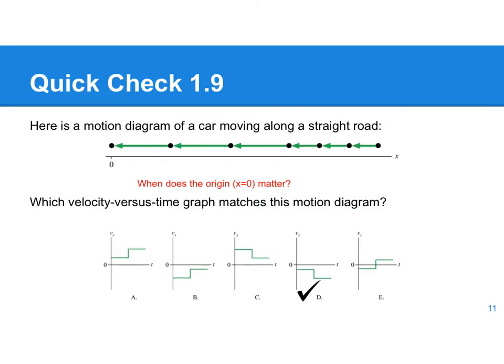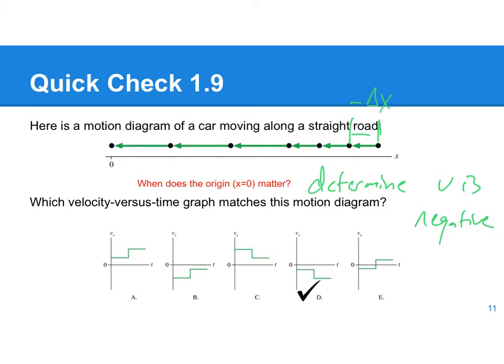Here's another quick check. Again, now we're going to the left. And if I'm wondering when the origin matters, now it helps me determine that the velocity is negative. And why is it negative? Because it's going in a negative direction. Technically, at every time interval, it has a negative displacement over time.